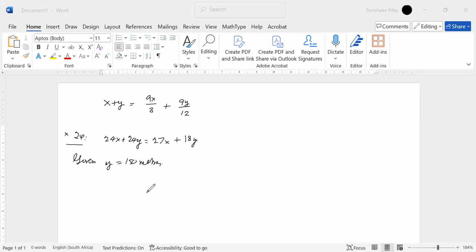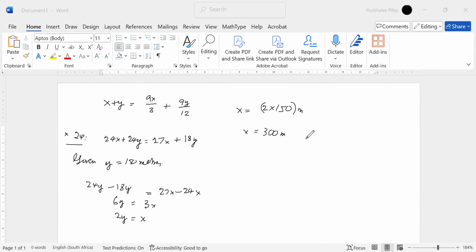You have 27x minus 24x, and 24y minus 18y. Bring the y's to the other side. Then this is 6y equals 3x, 27 minus 24. Therefore you can divide by 3, and you have 2y is equal to x, and y is 150. So therefore x is 2 times 150 meters. Everything is in meters, and that gives you 300 meters.